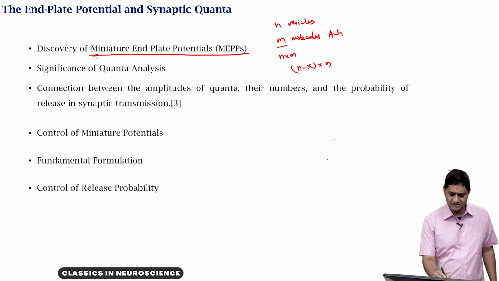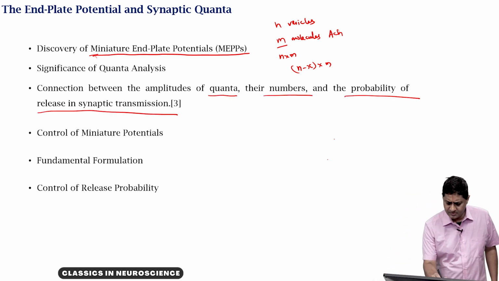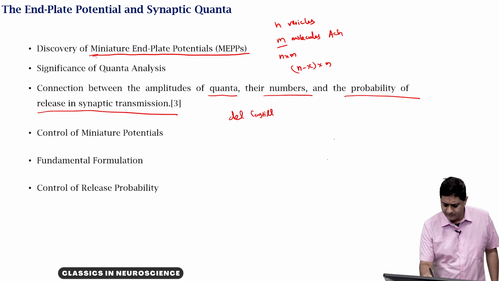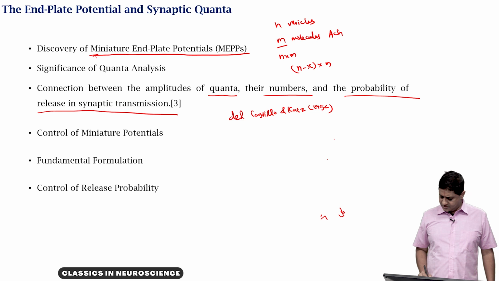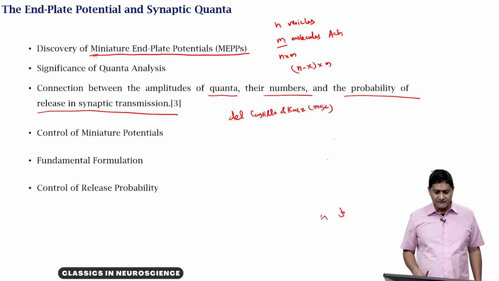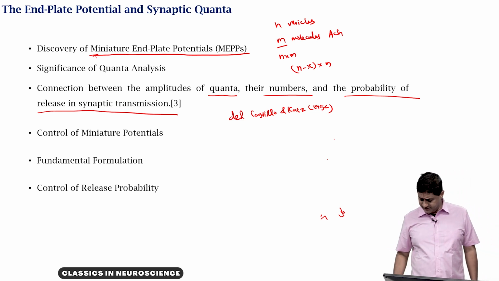Right. So, this is the connection between the amplitudes of quanta and their numbers, and this work was done by Del Castillo and Katz in 1954. So, I am going to read from the original text.